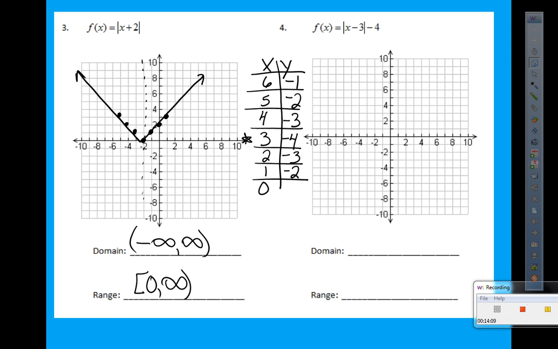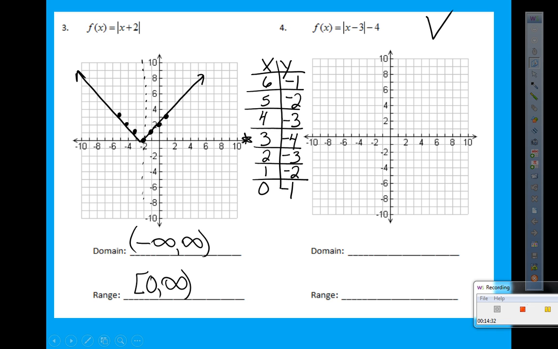And then if I plug in a 0, 0 minus 3 is negative 3. But the absolute value of negative 3 is 3. 3 minus 4 is negative 1. Remember, if you've done a good job, these are the same, these are the same, these are the same. Symmetry. And once again, absolute value, so I know my graph should look like a V when I'm all done.